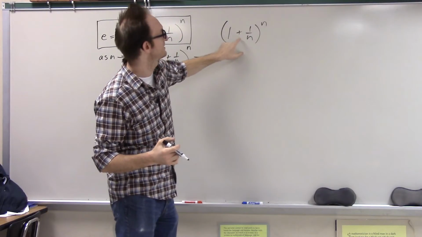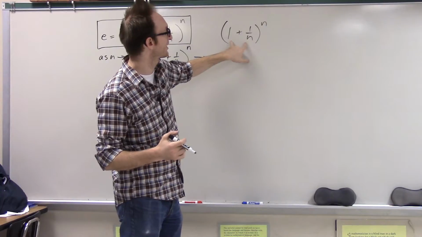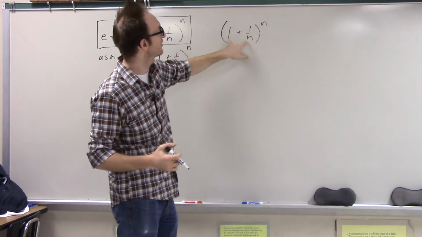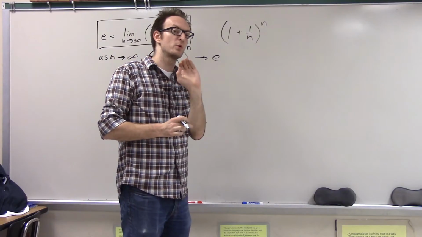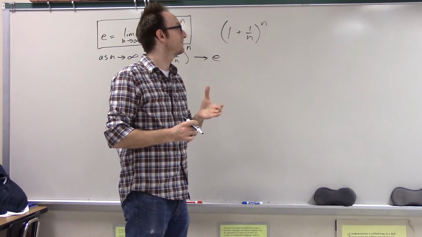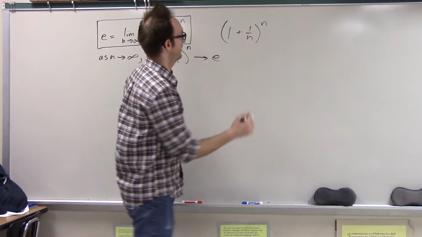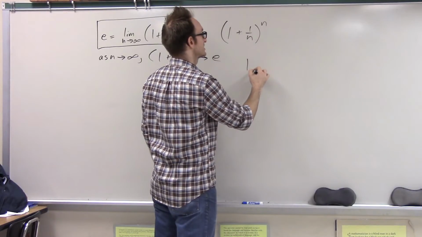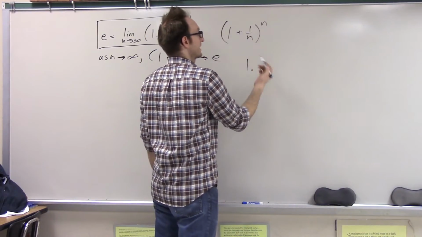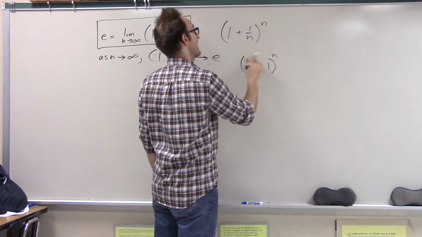But on the other hand, if you raise a certain number to a certain power, and the base is getting closer and closer to 1, then you would think the power would be getting closer and closer to 1. Okay, what am I talking about? We can do some examples. Suppose I take a number which is only a tiny bit bigger than 1, like 1.01, and we raise it to the nth power.